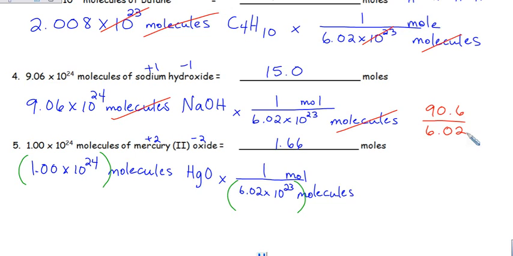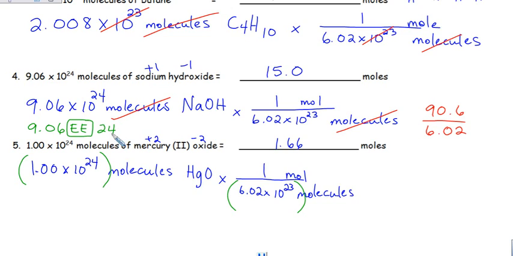Again, when I do this, I would highly suggest plugging it in as 9.06, then hit your EE key, and then just 24. Your calculator knows you want it to do scientific notation.